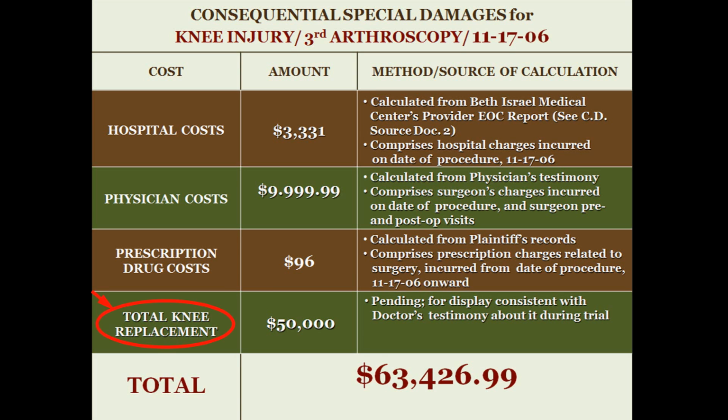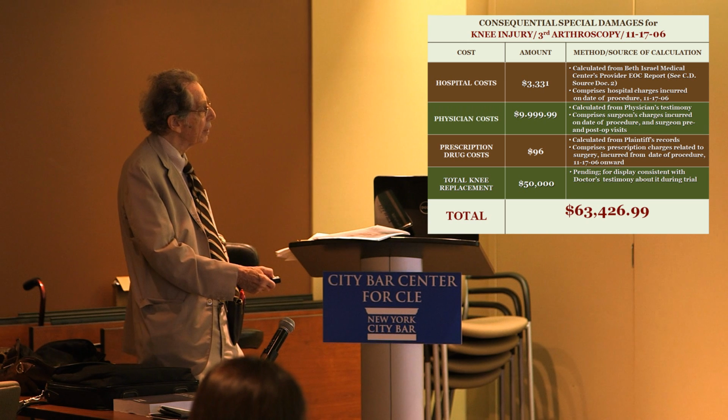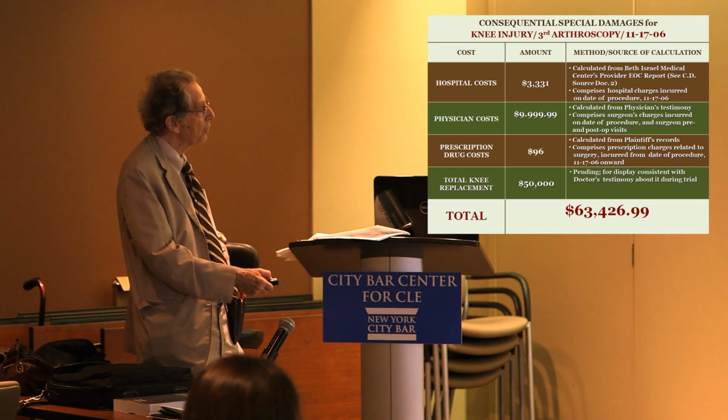As for this total knee replacement, that amount had to come from someone else because James Brown was not qualified to predict what a knee replacement would cost or even to say that he would need a knee replacement. That procedure was going to be sometime in the future.